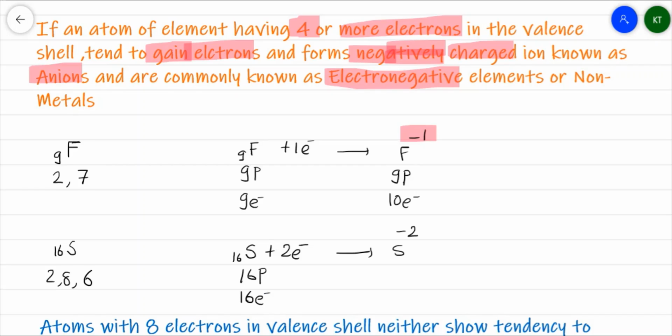But as it has gained 2 extra electrons, it will now have 16 protons and 18 electrons. As the number of electrons is more than the number of protons, by 2 electrons, it carries minus 2 charge. And it results in formation of this negatively charged ion, which is considered an anion. Hence, these elements we call non-metallic elements.